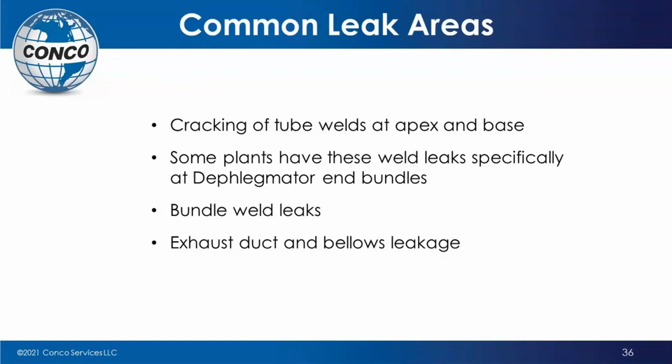And so cracking of tube welds at the apex and the base can occur, and those are common places to find a leak. Bundle weld leaks, wherever the bundles are welded together, are common places. And the exhaust duct and the bellows high up on the unit itself, because they're exposed to the weather the most.